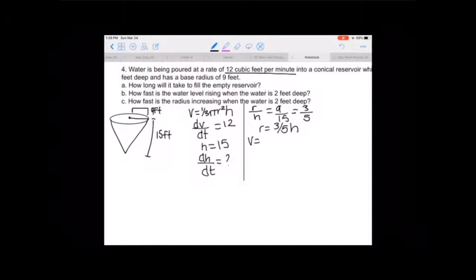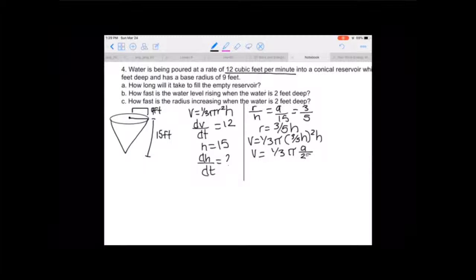And we can plug this back into our volume formula for r. So V equals 1/3 pi times 3 over 5 h to the power of 2 times h.